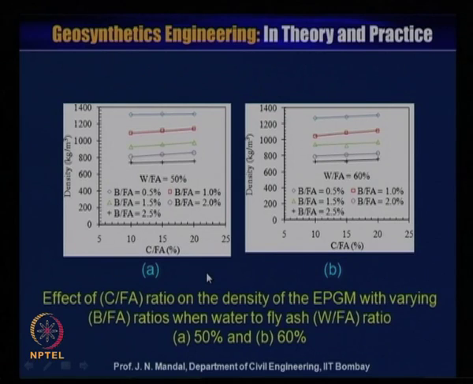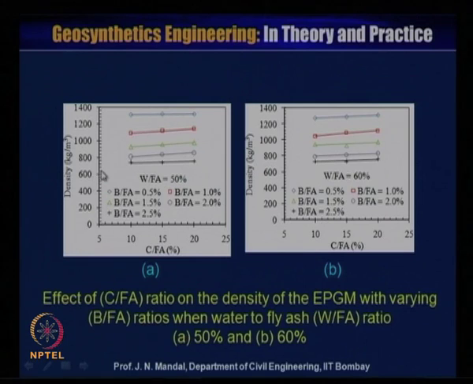Now, here is the effect of the cement to fly ash ratio on the density of the EPGM with varying bead to fly ash ratio, when the water to fly ash ratio here is 50% and here it is 60%.